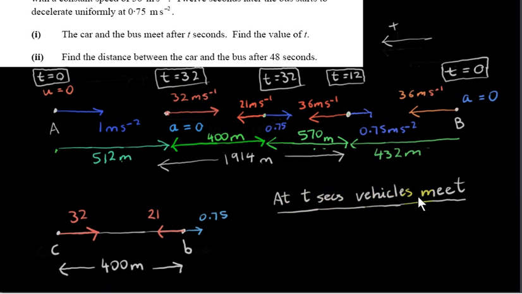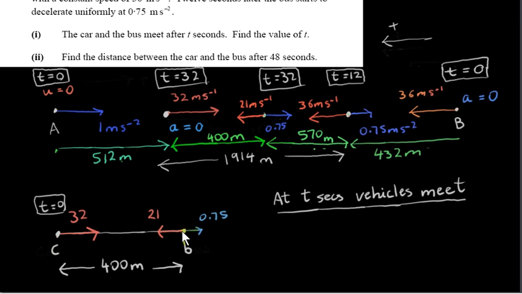At t seconds, both vehicles will meet each other. So now we assume that at t equals 0, the car is here. I'm just copying this diagram down. Well, actually at t equals 32 the car is here, but we're setting the timer now to t equals 0. So t equals 0, c is the position of the car.